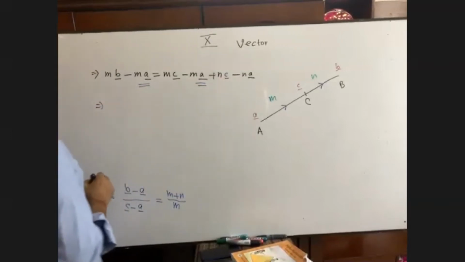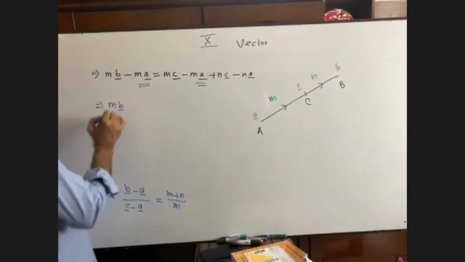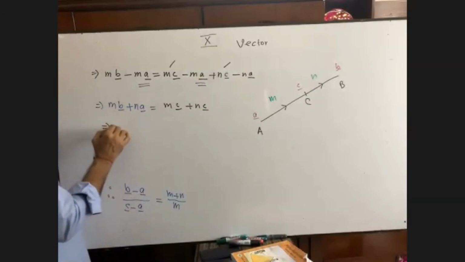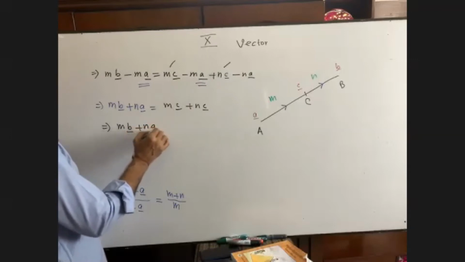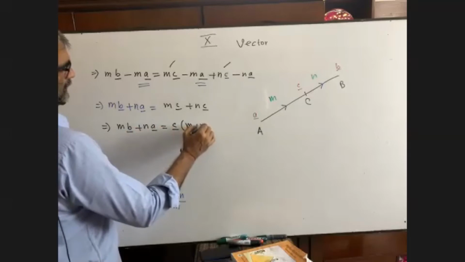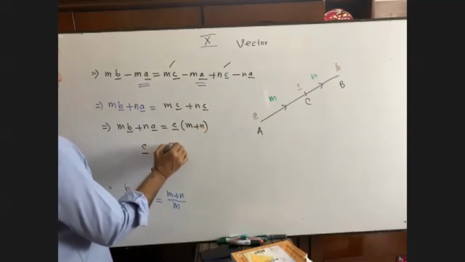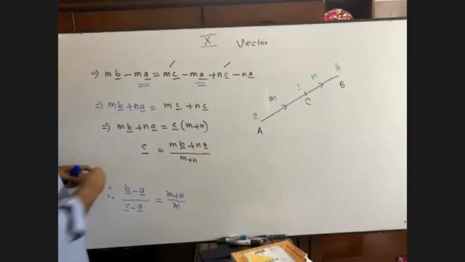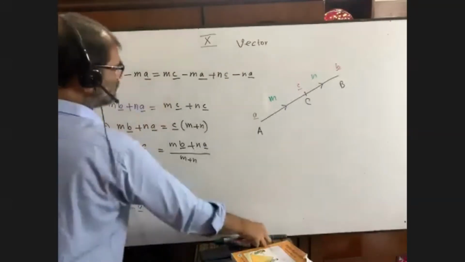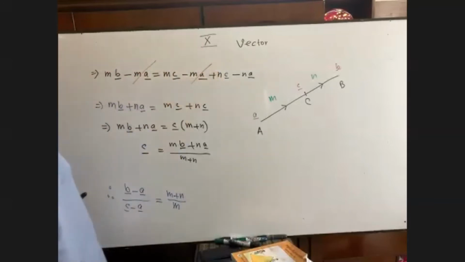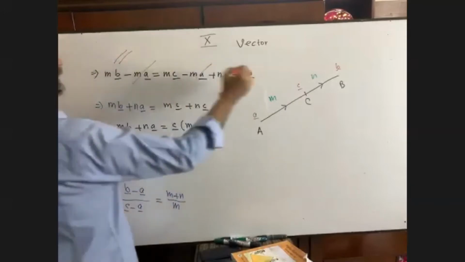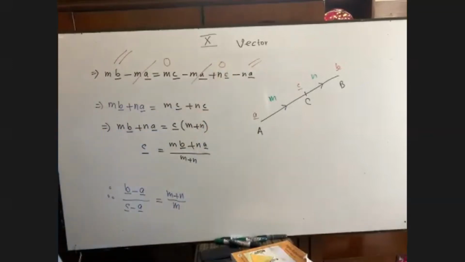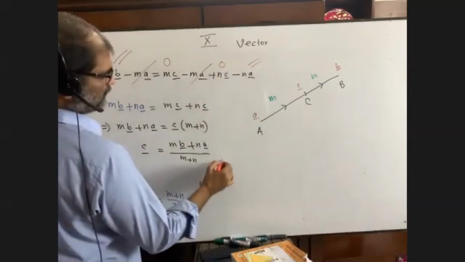That is, we are left with MB plus NA is equal to C into M plus N. That is, C is equal to MB plus NA by M plus N. You see here, actually this is omitted. Now these have been taken to the left hand side and these will be in the right hand side. Math is done. This is proved.